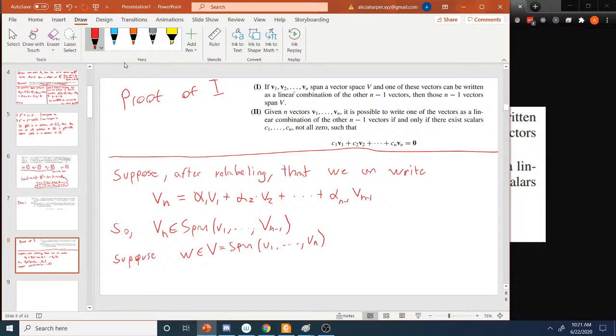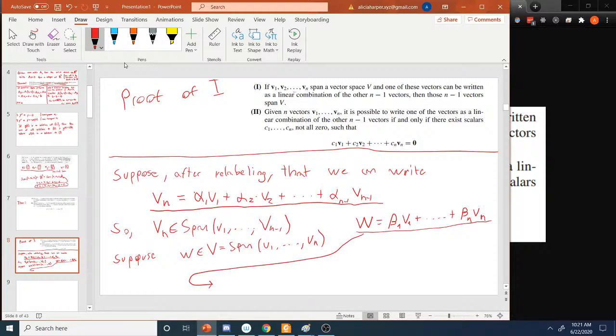Then we can write W as beta 1 times V1 plus and so on, beta n times Vn. Now, the key observation is that we can combine this relation with this relation. And the reason we can do this is we can simply replace Vn here with this expression of Vn.